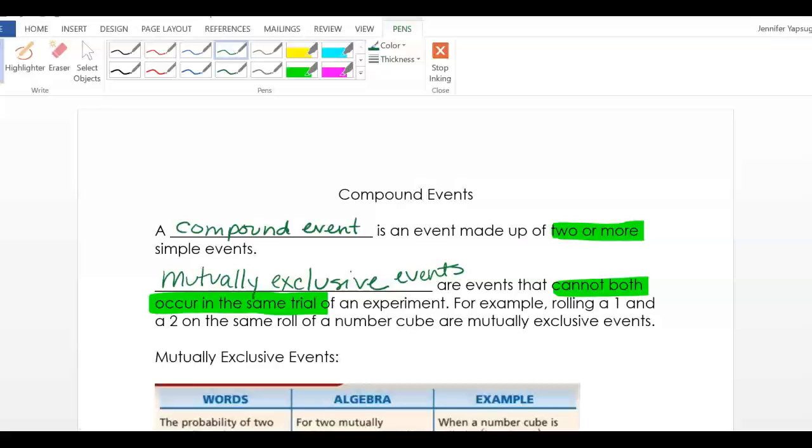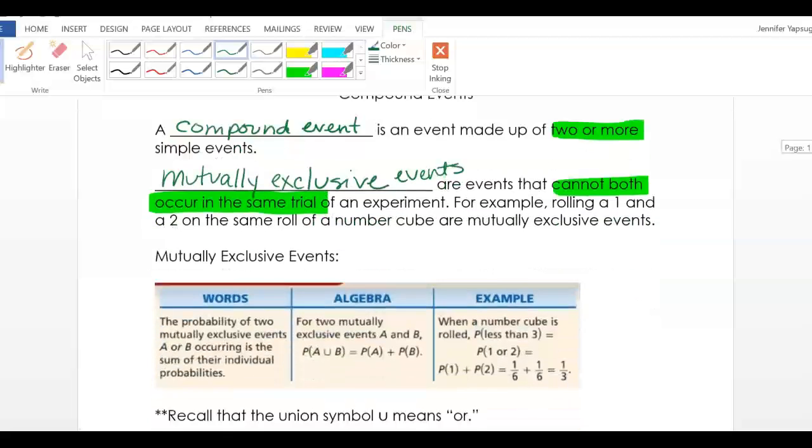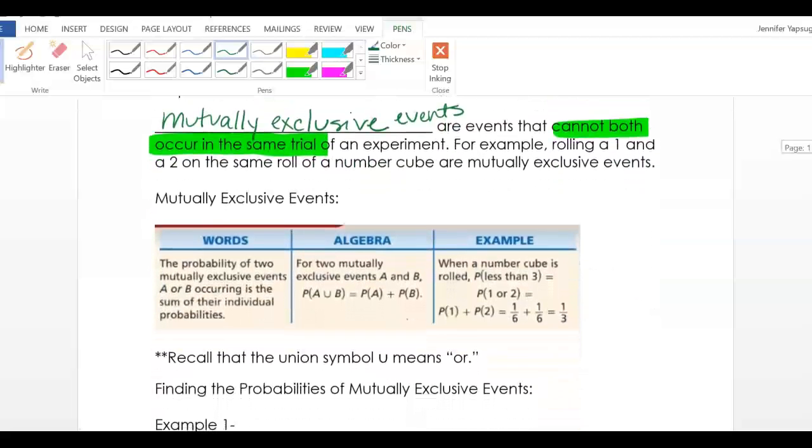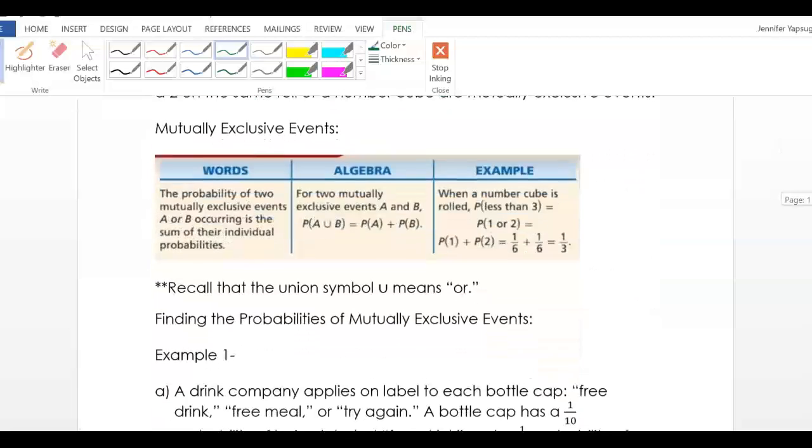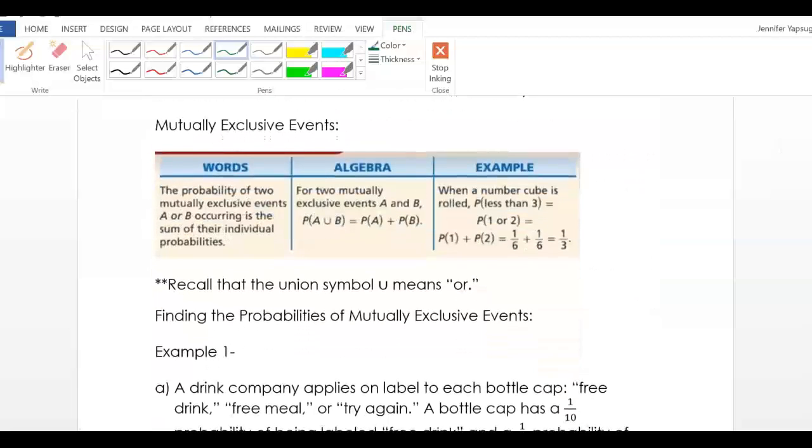And so I have a chart here for you to reference that gives you three variations of this. It's written in words: the probability of two mutually exclusive events, A or B, occurring is the sum of their individual probabilities. That's going to be really important because we're adding.